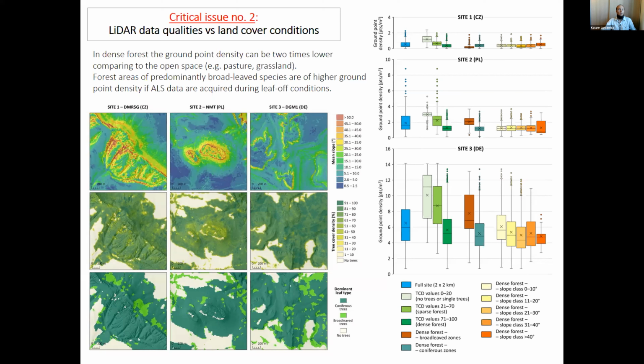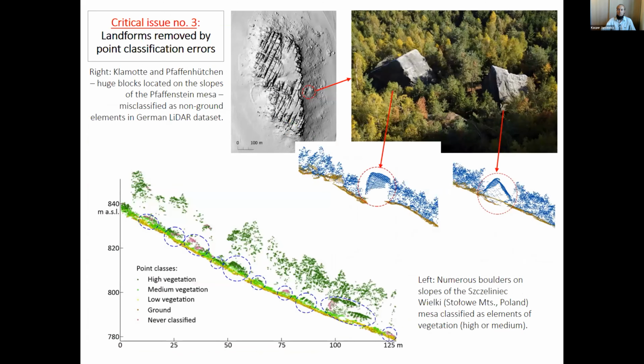And also, you can see the fact that forest areas of predominantly broadleaf species are the ones of higher ground point density, if only LiDAR data were acquired during leaf-off conditions, which is not the case of the Site 1 in Czechia. And those 2 issues are ones that we have to live with and deal with.